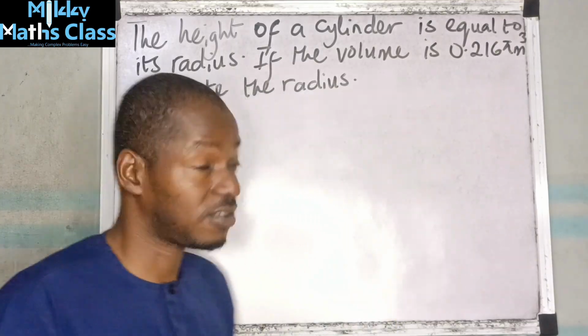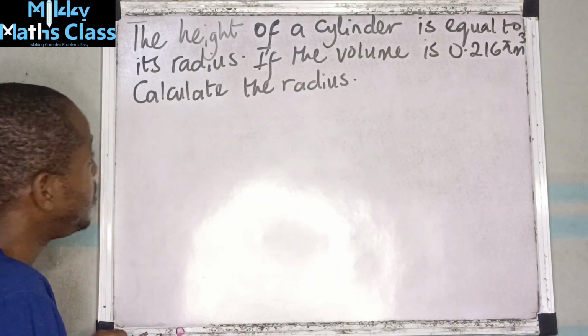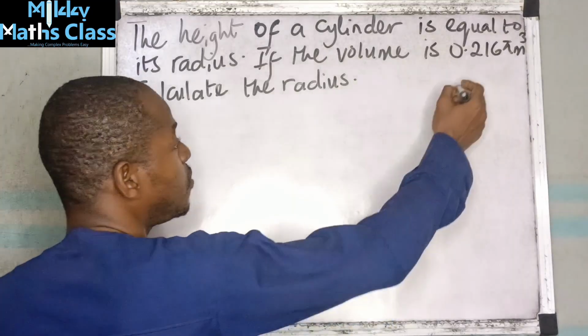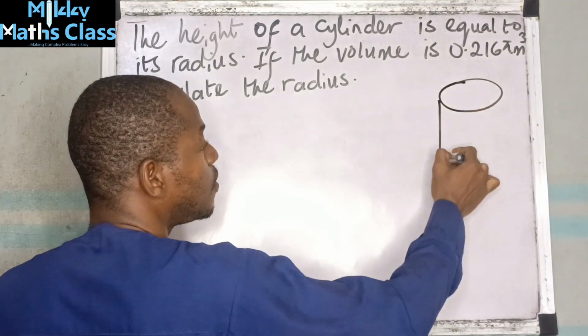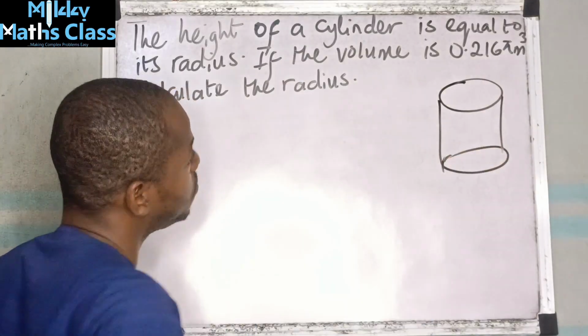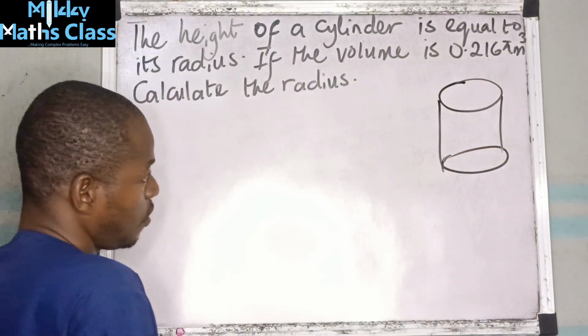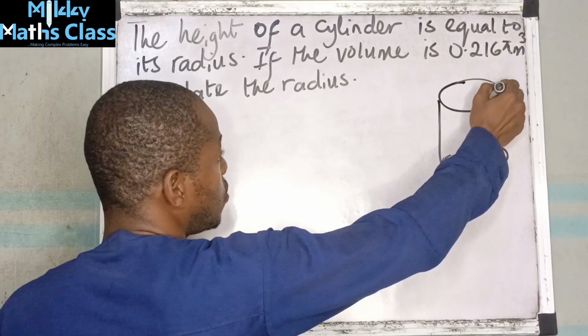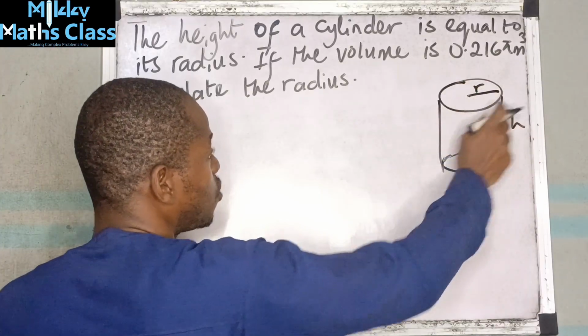Come along, we have a question, an interesting one. We're told that the height of a cylinder is equal to the radius. So those parts, r and h, are the same.